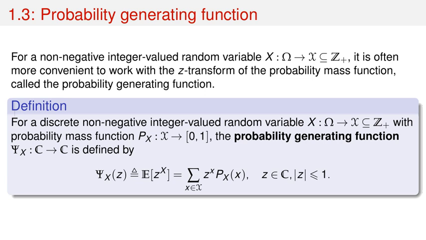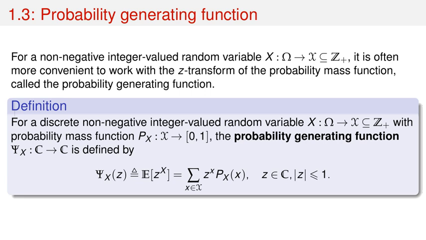Formally, for a discrete non-negative integer valued random variable X with PMF p_X, the probability generating function psi_X maps complex numbers to complex numbers. It's defined as psi_X(z) = E[z^X].